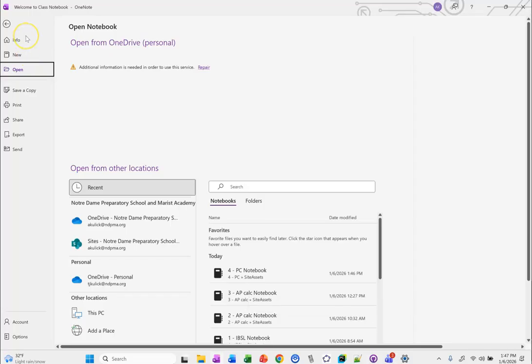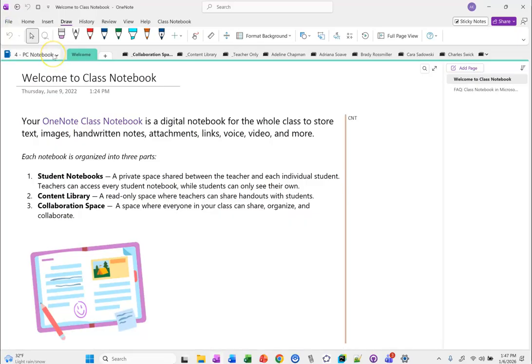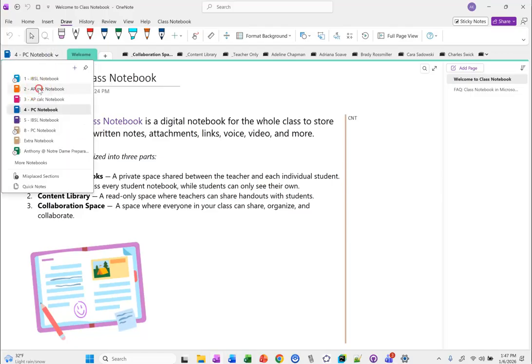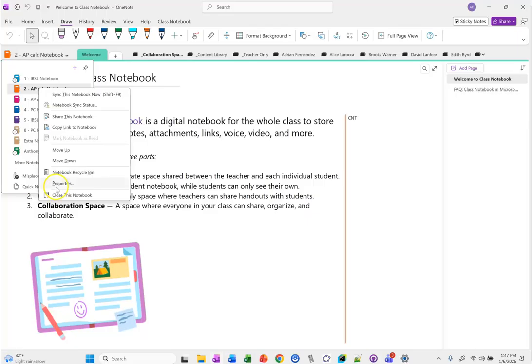I don't know why sometimes it doesn't, but if it doesn't, you can pull it from there. If you're in this class first semester, you can close your first semester notebook. To do that, you just right click on the notebook and hit close. Everything in there is still there. It just gets it out of the way of trying to sync and update. You can always reopen it and go back in it. You can do that to any notebooks you no longer need for any other classes, just FYI.